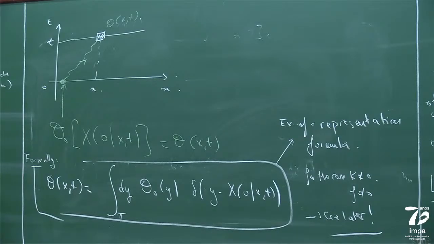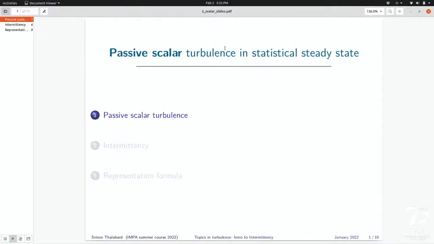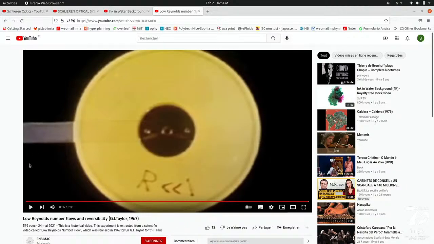This is usually one of the only ways that we have to measure quantities related to the underlying fluid field. So this is an example where the underlying equation is the Navier-Stokes equation, and the colors here can be interpreted as the passive scalar.